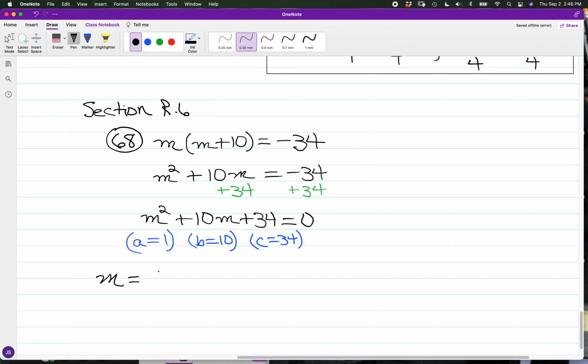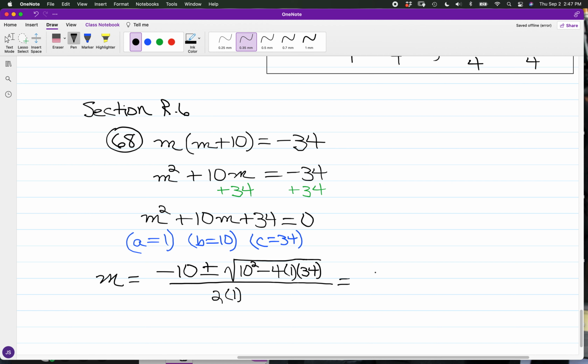For negative b, we have negative 10, plus or minus the square root of 10 squared minus 4ac, which is minus 4 times 1 times 34, all over 2a, which is 2 times 1.